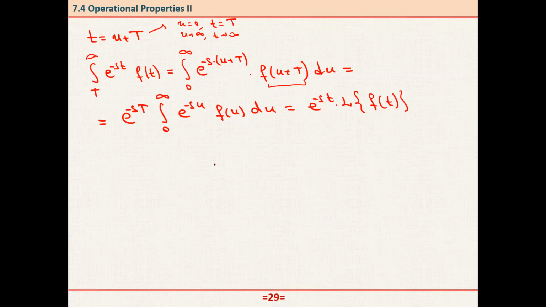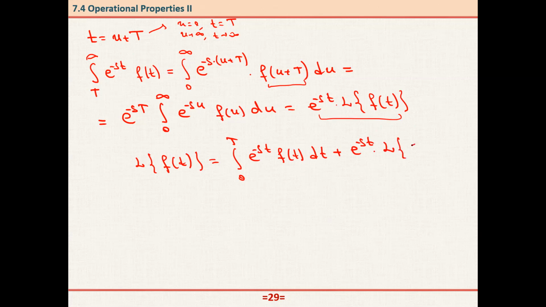So now what we got here? Here we got the Laplace transform of f of t is equal to the integral from 0 to T, e to the power minus st, f of t dt, right? And plus the second part from T to positive infinity is equal to this thing. Substitute here, e to the power minus sT times the Laplace transform of f of t, right?